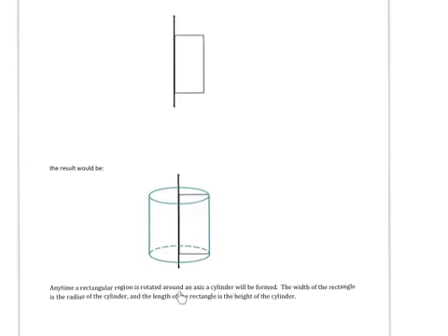Anytime a rectangular region is rotating around an axis, a cylinder is going to be created. And the width of the rectangle is the radius of the cylinder. So here's the radius, here's the height. And that's just something you have to think about in your head when you spin something around. What kind of image does it sweep out?